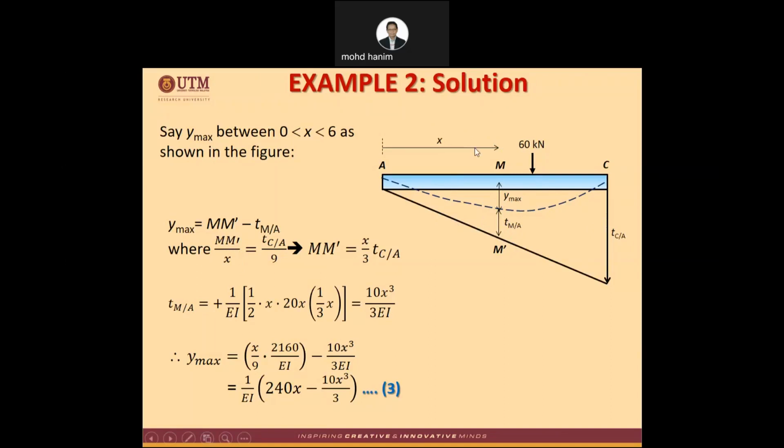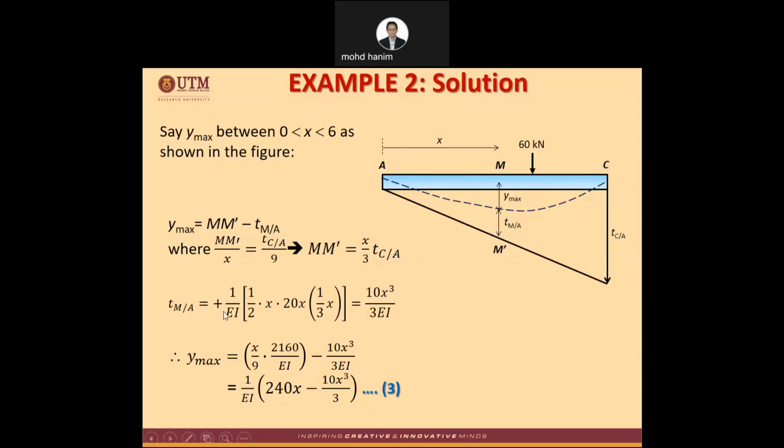And if it is x, therefore MM dash divided by x equal to t divided by 9. This is identical triangles. So MM dash equal to x over 9 tCE.